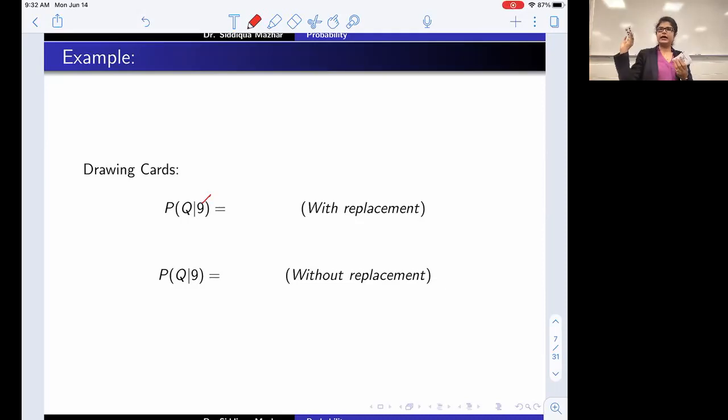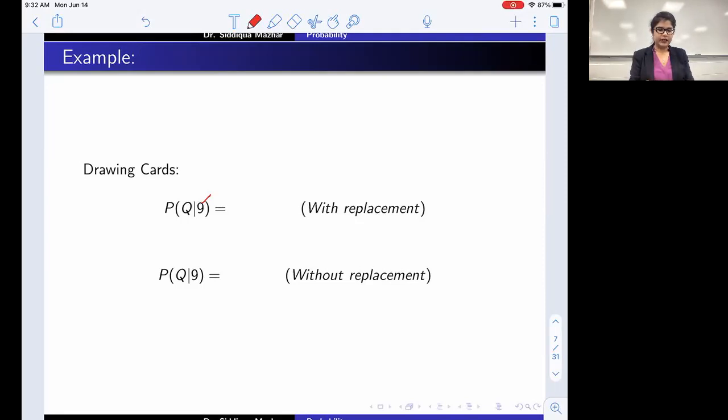I found this card, but I'm putting it back again into the deck. This is my one experiment happened; I found the probability of finding 9. Again, the total number of cards will be 52, because it does not affect the sample space. Now I'm looking for the probability of finding a queen. How many queens do we have? One for diamond, one for spade, one for club, and one for the other.